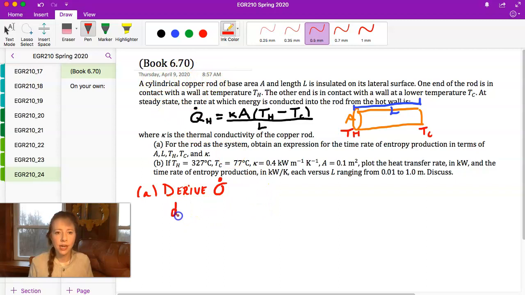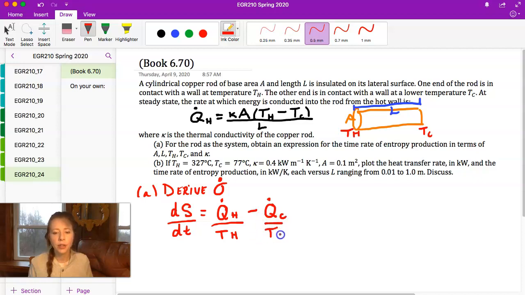So we know that dS over dt is going to equal the integral of delta Q over T. And so once we evaluate that, we can write it out as Q dot H over TH for the higher temperature end minus Q dot C over TC.